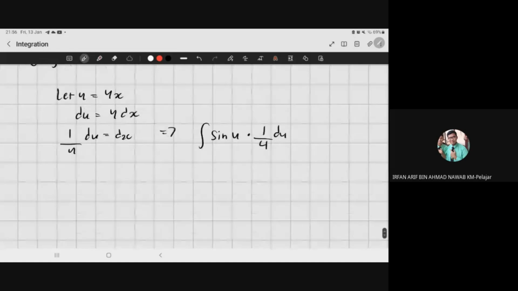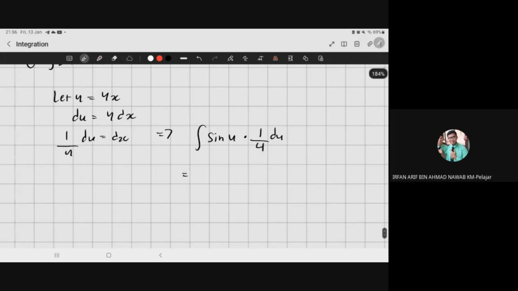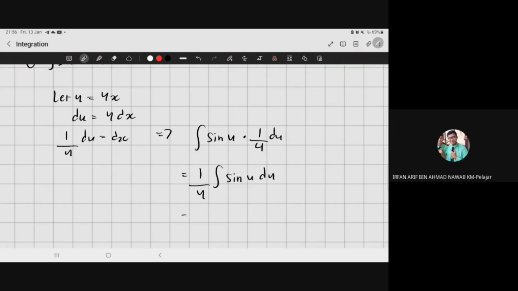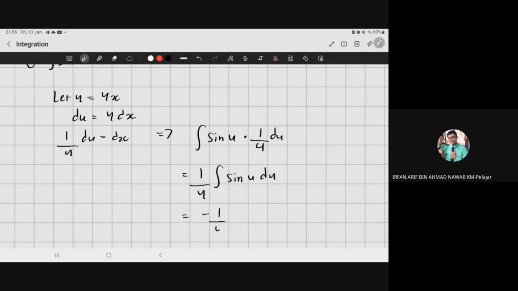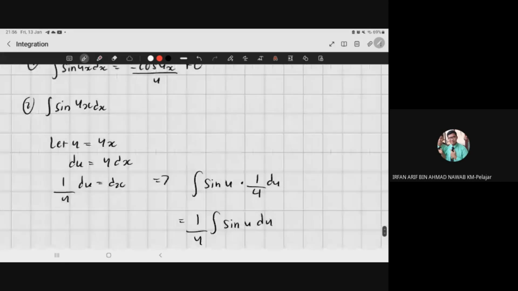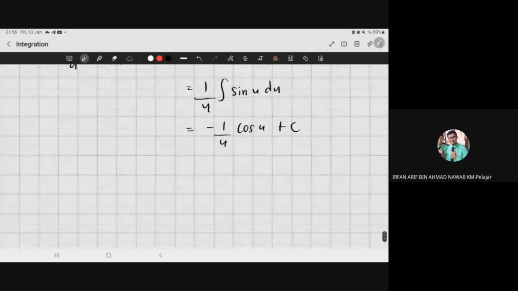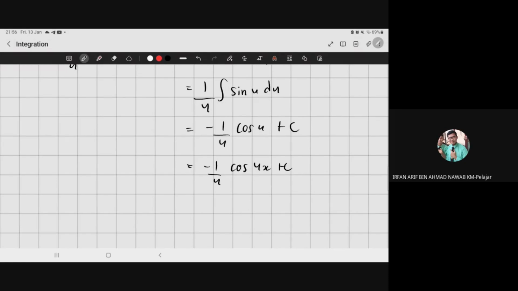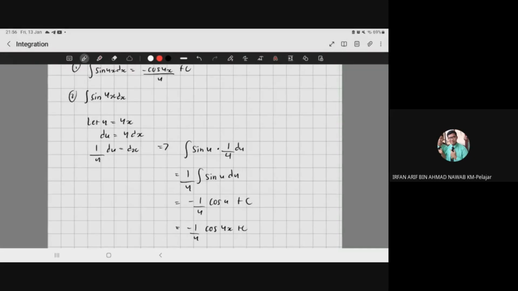Remember, a constant times the function you can bring out of the integral, so you get 1 over 4 integral of sine u du. Then you get negative 1 over 4 cosine u plus c. And you know that u is equal to 4x, so you will obtain negative 1 over 4 cosine 4x plus c. The rest is the same.